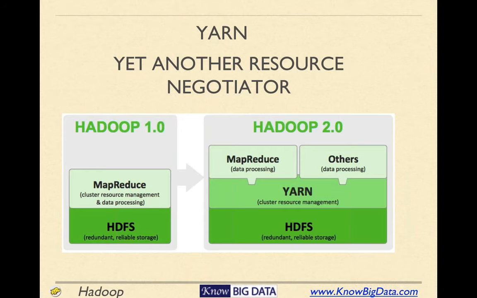Earlier it was as if somebody had bundled the database along with the operating system, and this system says, hey, I can't do anything else other than MapReduce. So that was MapReduce 1.0, and that got broken down into two parts. One was called pure MapReduce, just the data processing using MapReduce. The other was called Yarn.